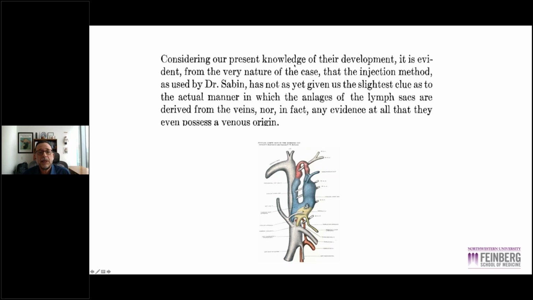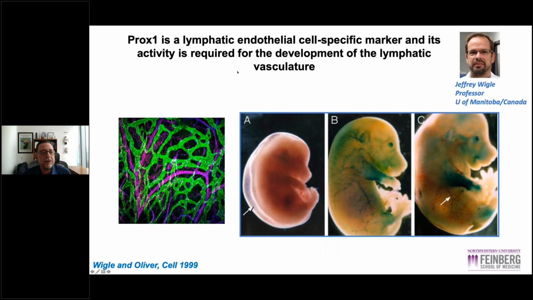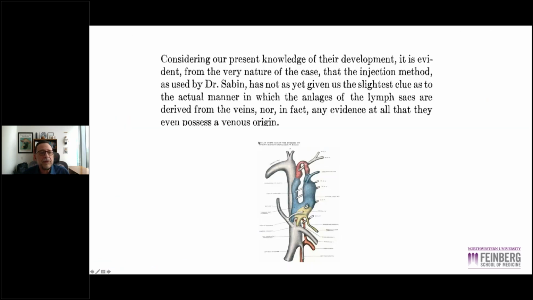"Considering our present knowledge of their development, it is evident from the very nature of the case that the injection method, as used by Dr. Sabin, has not yet given us the slightest clue as to the actual manner in which the anlagen of the lymph sacs are derived from the veins, nor, in fact, any evidence at all that they even possess a venous origin." So just that to put you in the context in which Florence Sabin was working and how strong this debate was.